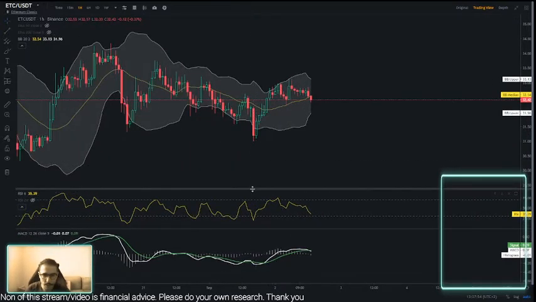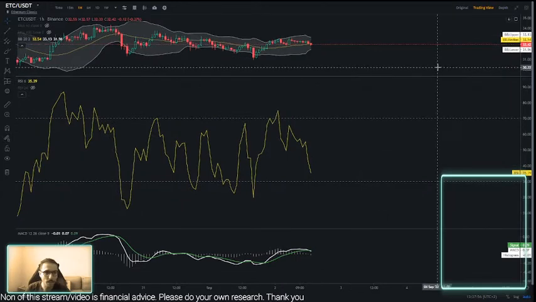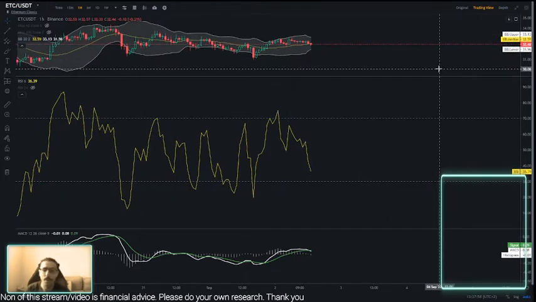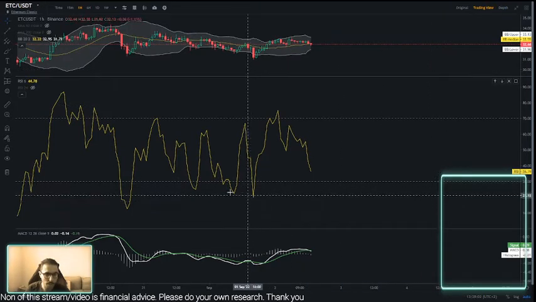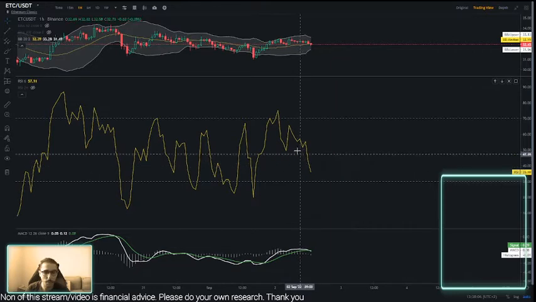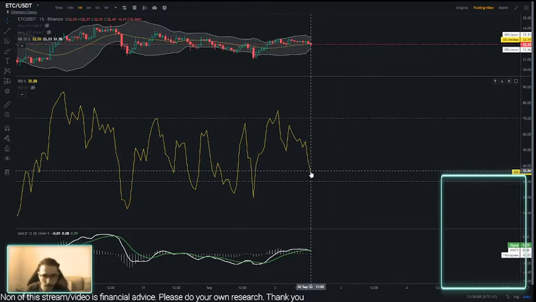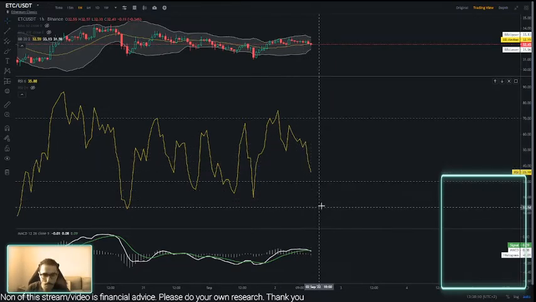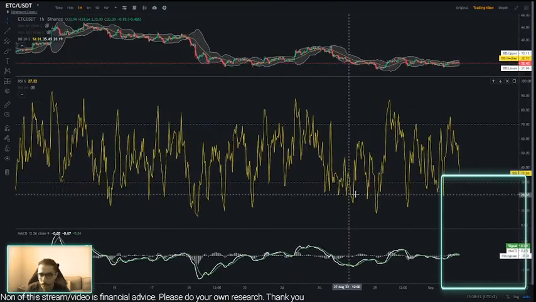Now the RSI indicator here is currently at 35, so it's not definitely in the buy zone, but it's in the neutral zone and apparently on a downtrend, so it could go lower.